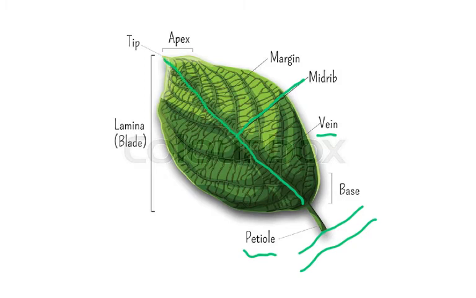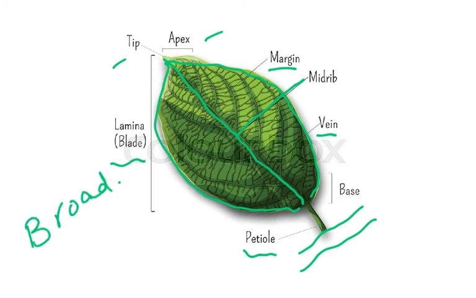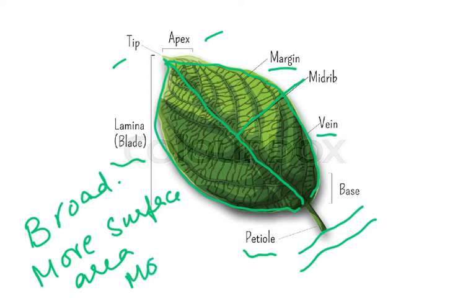And these are the margin, and this is the apex, the tip, and this whole structure is called the lamina, or the blade. This is a very large, broad lamina. Why? Because more surface area means more light absorbed.